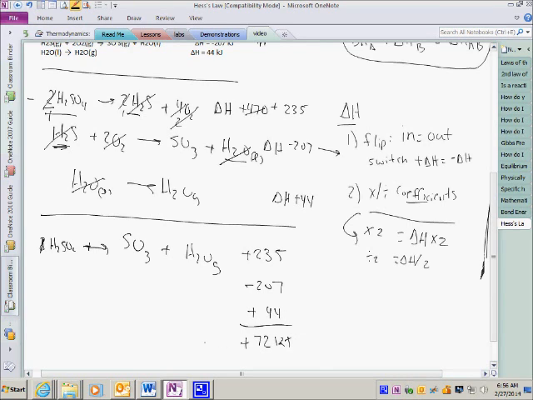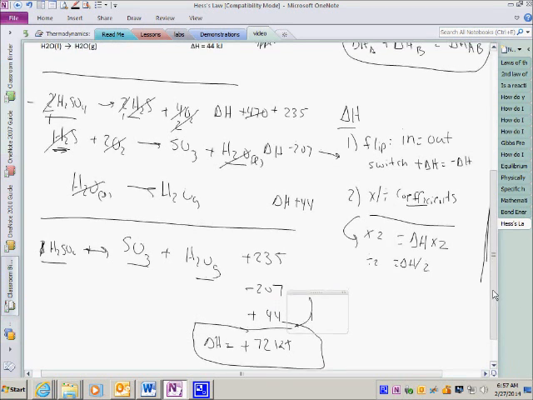That would be my delta H for this particular reaction. It's an endothermic process. For every 1 mole of this, I get 1 mole of this. I need to add in some 72 kilojoules of energy, heat. And that is Hess's law.